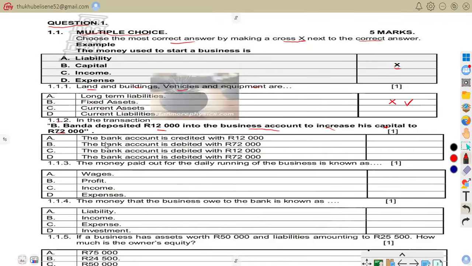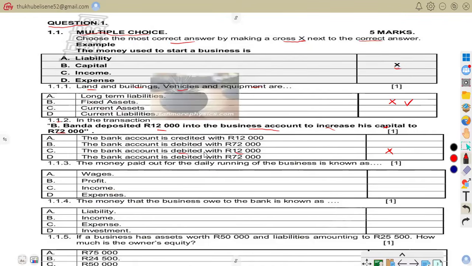The correct answer there is C, whereby the bank account is debited with 12,000.